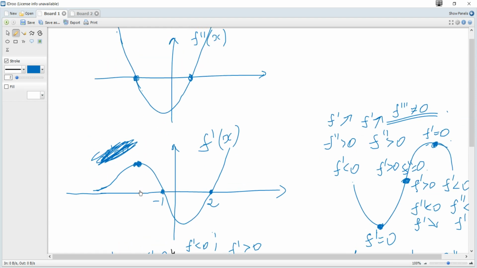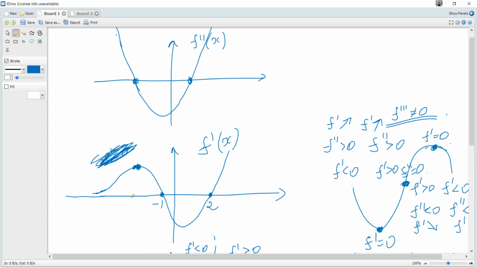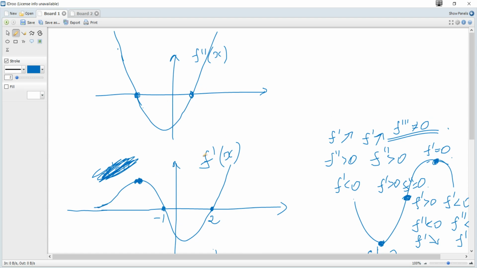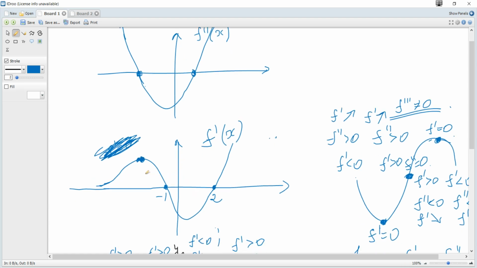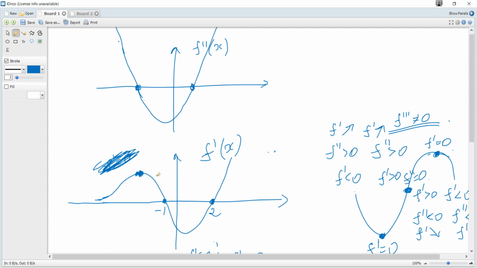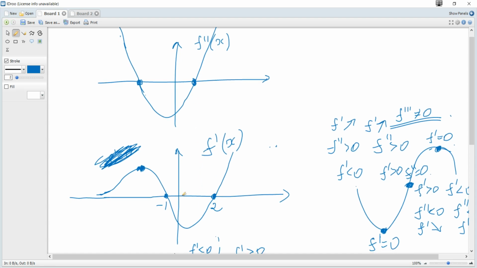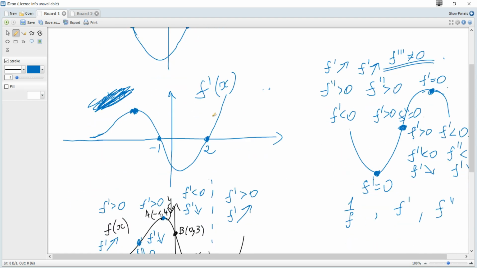Or with respect to the first derivative, we can see that to the left, if we consider the derivative to be a function, and the second derivative will be the derivative of this, it's increasing, so it's positive, and here from 2 to plus infinity, we can see it's also increasing, so it's positive, and here it's negative. And a turning point somewhere here.